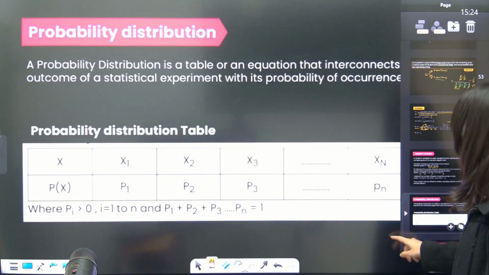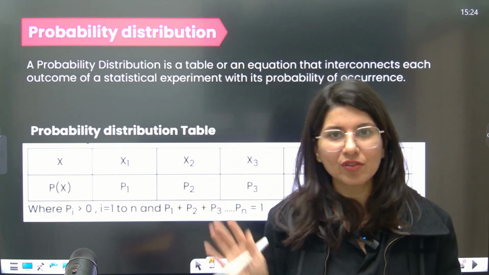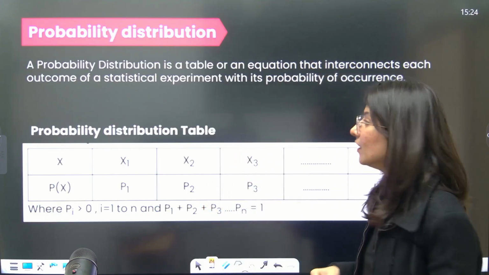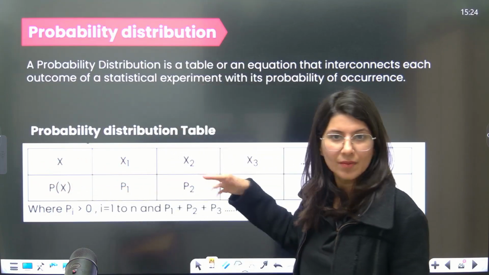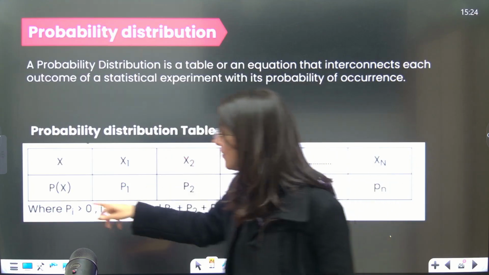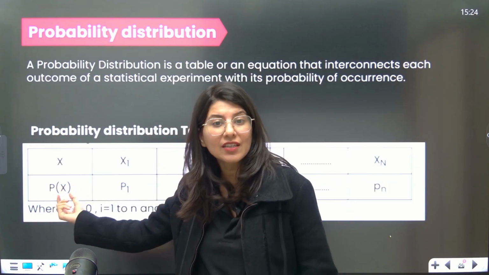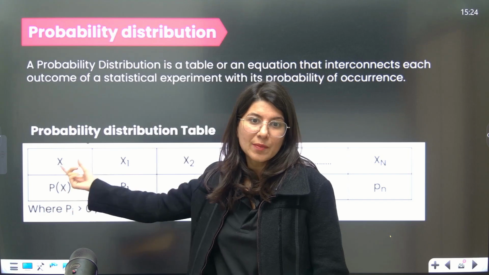Now the probability distribution table is very important. It's just that you have to understand this. Now every question will be done this way. In the probability distribution table you will have 2 rows. It can be horizontal, it can be vertical. So one is X, which is the random variable, and another one is the probability when your random variable is X. Suppose X is 0.